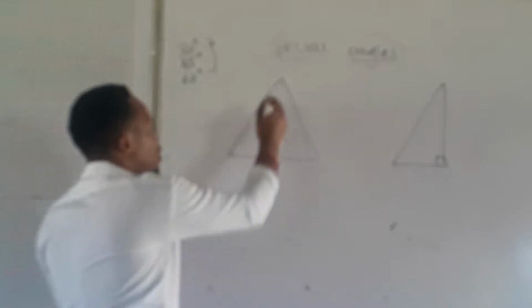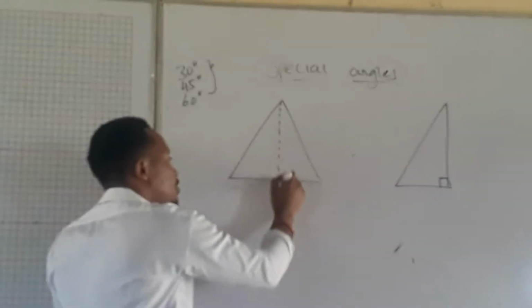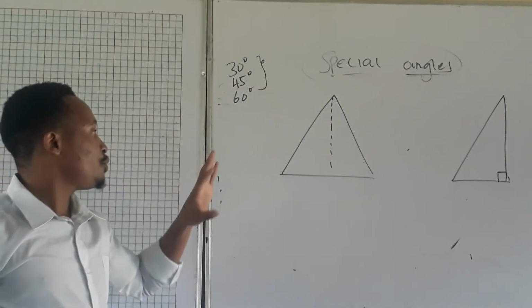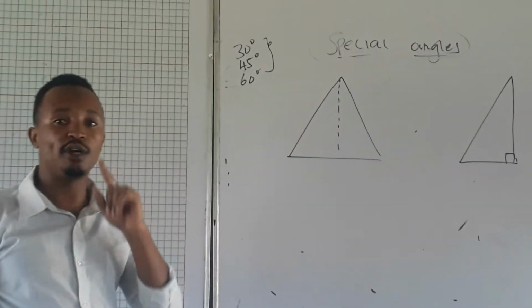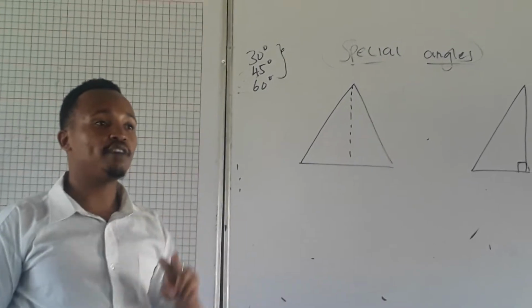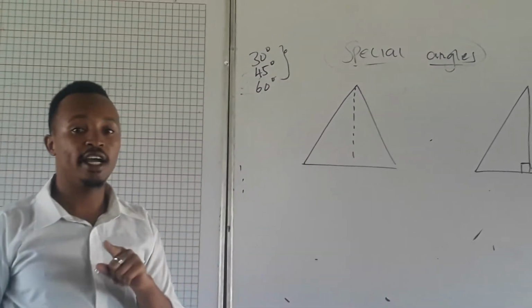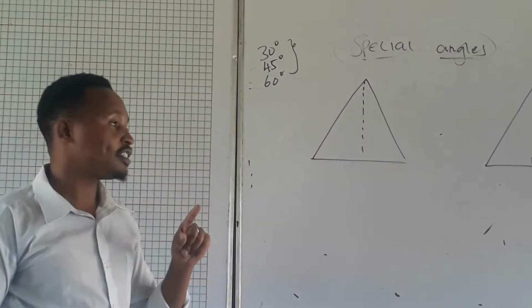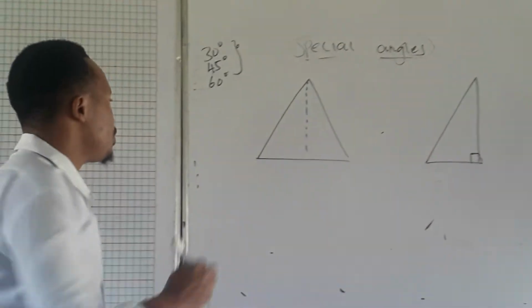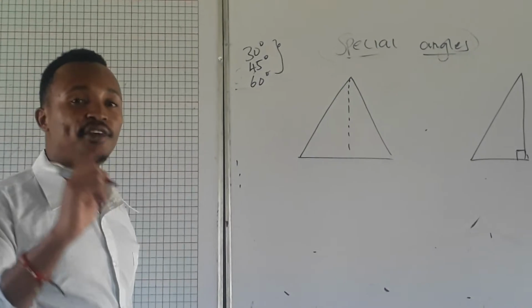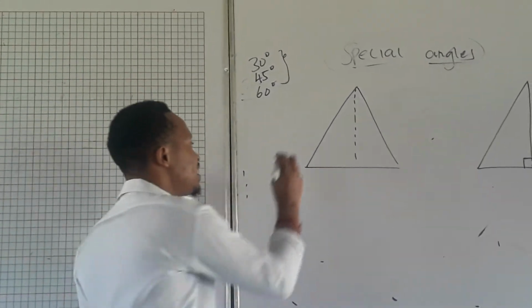In this triangle here, it's not an isosceles triangle, it's an equilateral triangle. When you talk of an equilateral triangle, all sides are equal. So we are going to use a specific triangle where the side is 2.